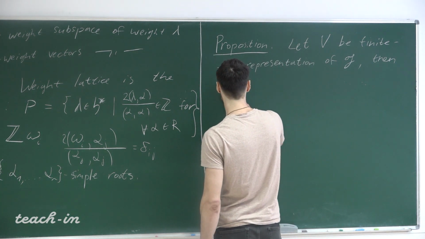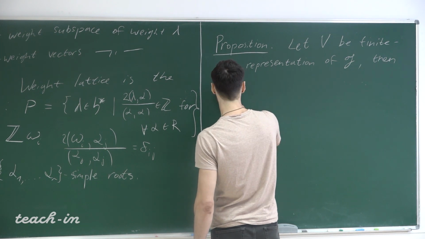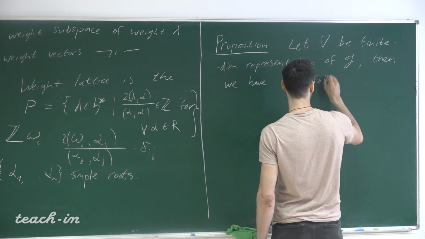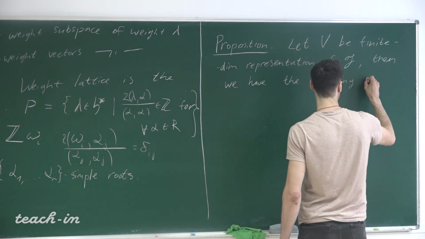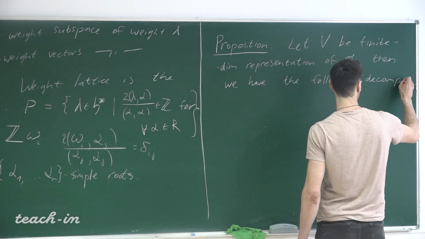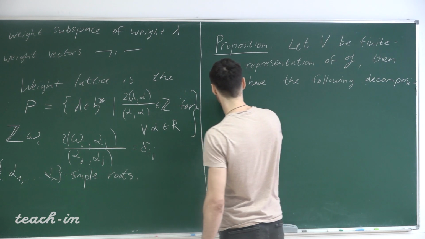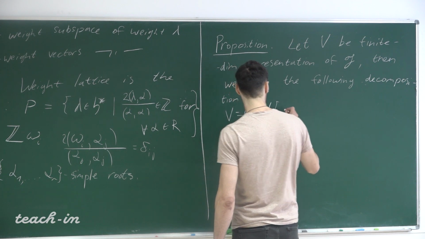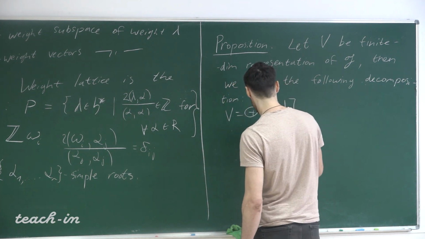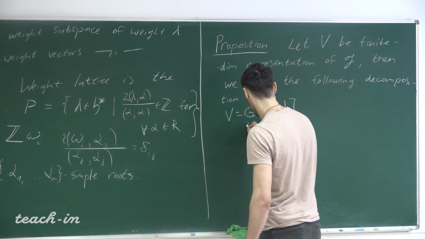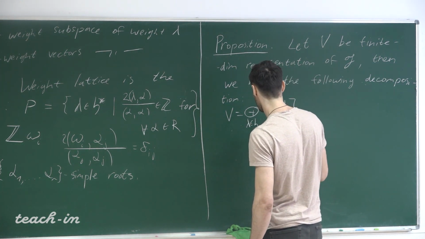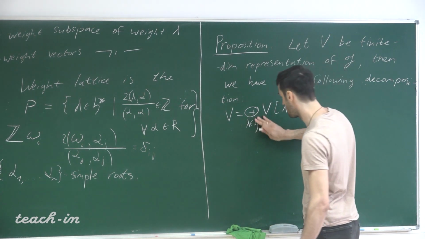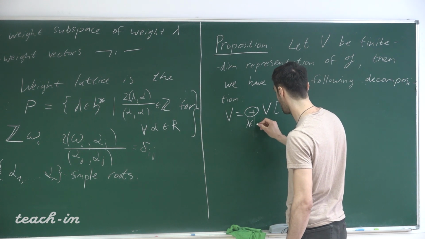That is, we have the following decomposition: V is a direct sum of V over weight subspaces, where lambda, well, we can run it through the whole H star, but I would like this proposition to say actually more.